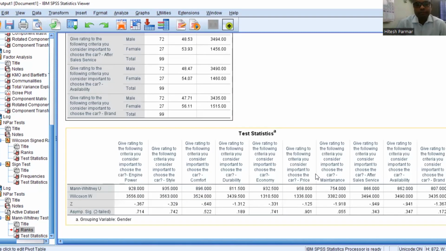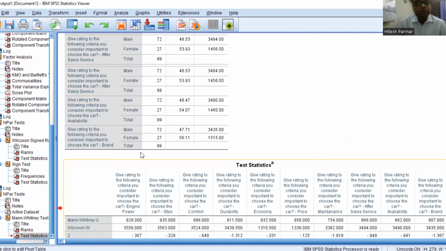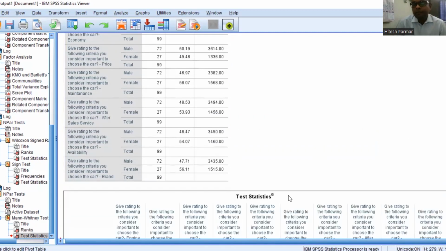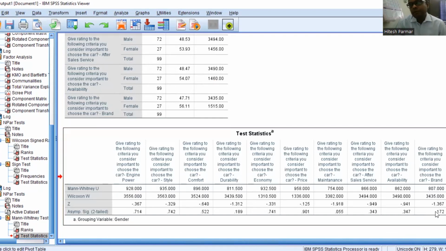As you can see, all these p values are greater than 0.05, right? 0.71, 74, 52, all these p values are greater than 0.05. So our conclusion for all these hypotheses will be that we fail to reject the null hypothesis.